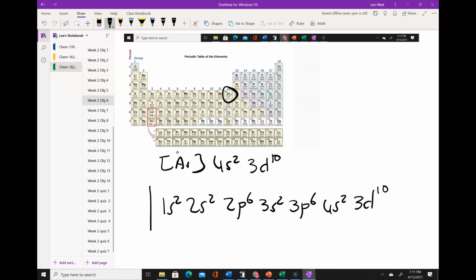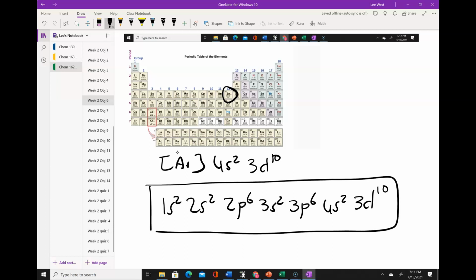Okay, so that is the complete unabbreviated electron configuration, and I just counted it off the periodic table, right? Remember, these are ns, these ones are (n-1)d, these are np, and these are (n-2)f, and n just equals the period number.